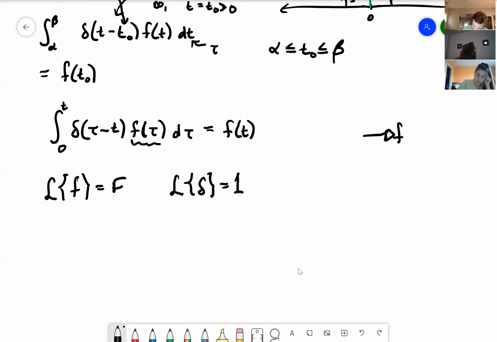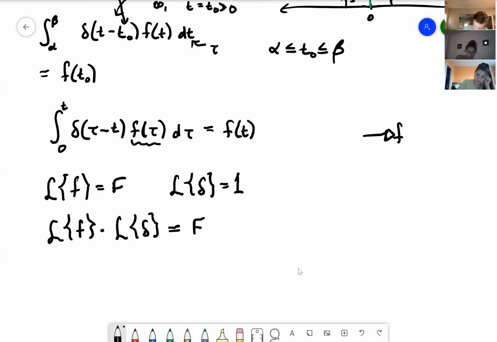When we multiply these together, the Laplace transform of f times the Laplace transform of delta is just equal to capital F. So it's just the Laplace transform of f.